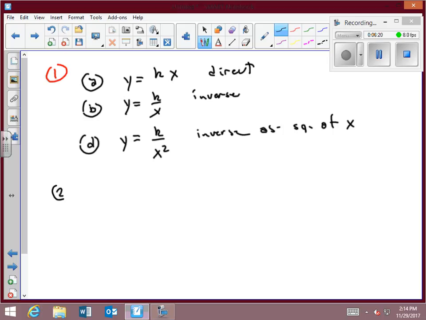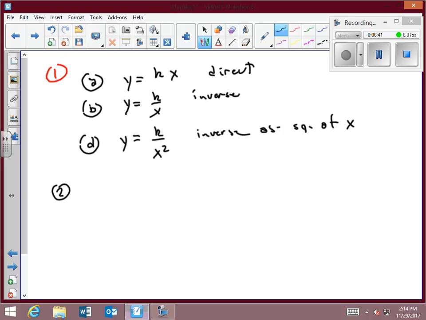So number 2, which of the following equations represents D varies directly as T? Directly. Which one of those is a direct variation?